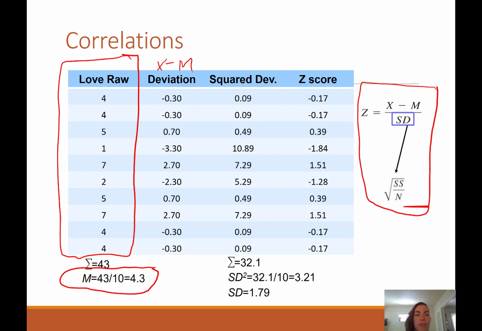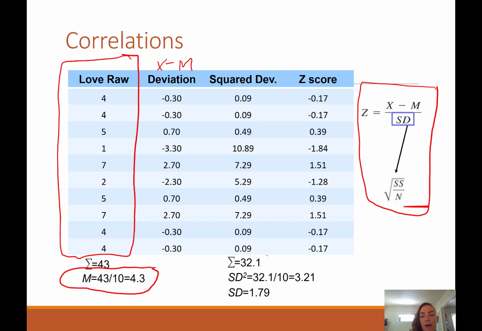So for person 1, this is 4 minus 4.3, and so on. The third column is squared deviation, so that's the previous column squared, so just the square of negative 0.3 for the first person gives us a squared deviation score for person 1 of 0.09.